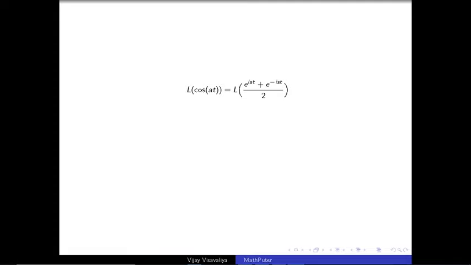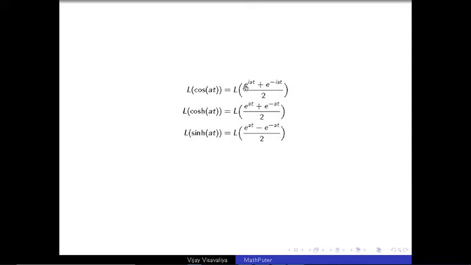It is homework. In the same way, now we have the relation of hyperbolic trigonometric functions with exponential functions. Cos hyperbolic at is e raised to at plus e raised to minus at divided by 2. Sin hyperbolic at is e raised to at minus e raised to minus at divided by 2. So the logic of all these functions is the same. We take 1 upon 2 common and apply the addition rule.